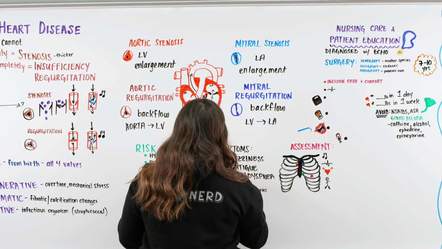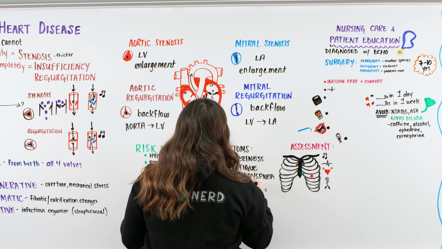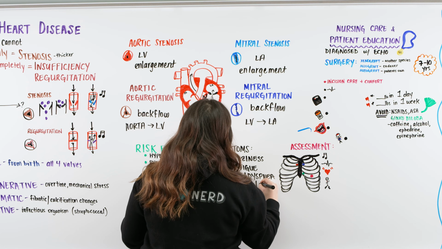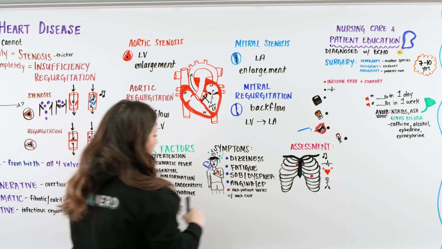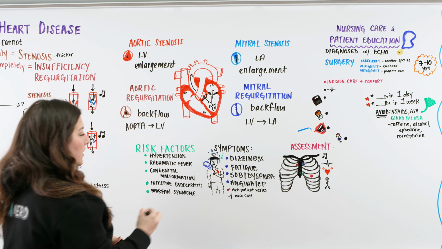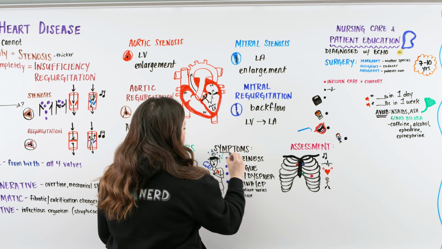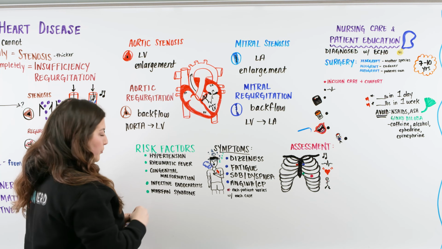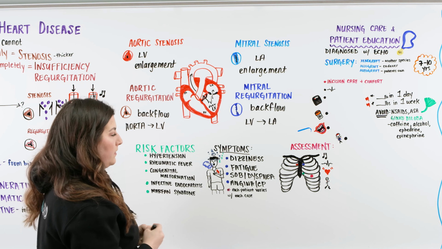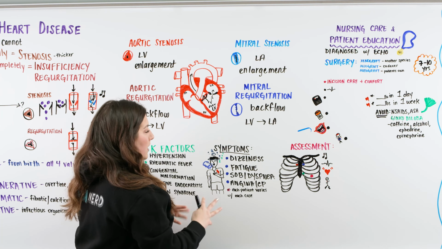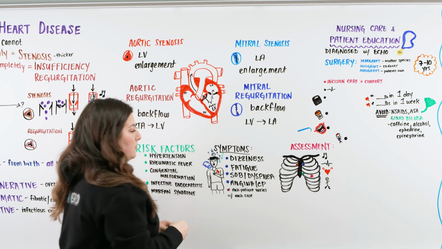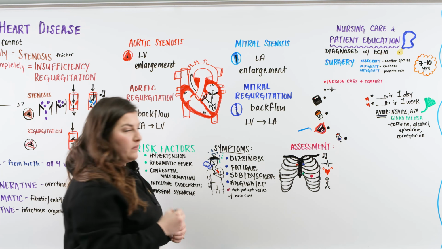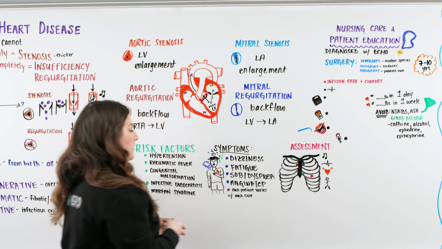And then they're going to have some type of angina or chest pain. And what we're looking at here is just a general kind of presentation. You don't know anything about this patient right now other than they've got some of these symptoms. They're just saying, I've been having some dizziness, I'm having fatigue, some shortness of breath, angina.